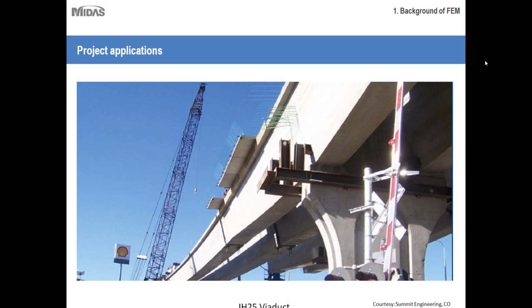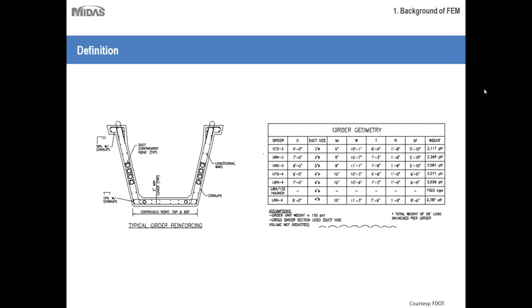So now let's move on to the definition of this section, what these sections are like. As we mentioned, it is a U beam or U girder. You can see it is a wide section. Essentially it is a box section without the slab or the lid on top.